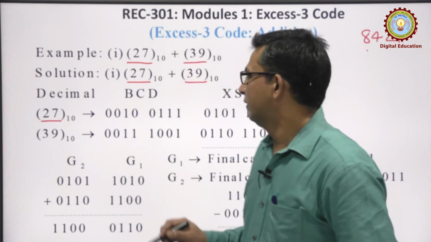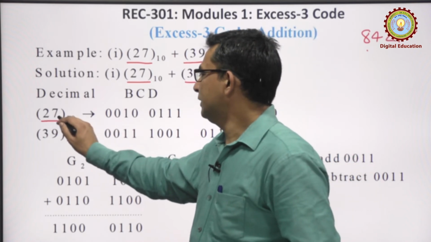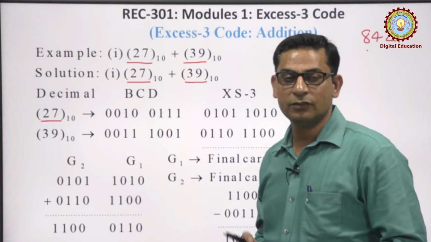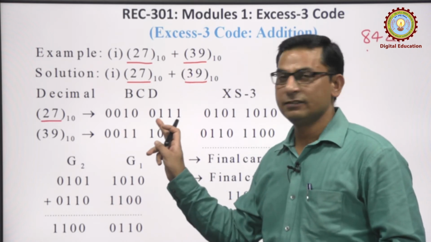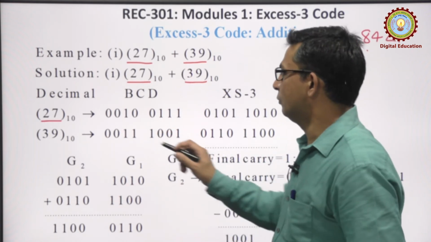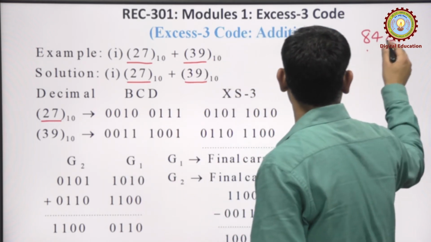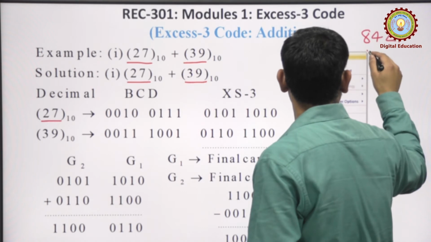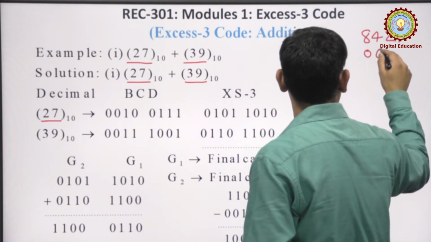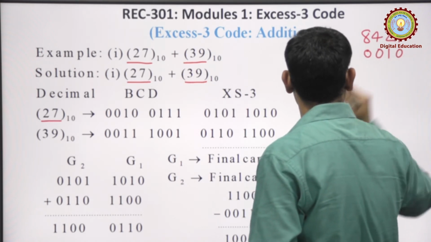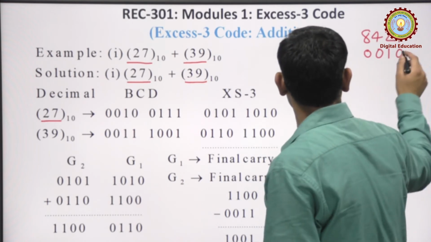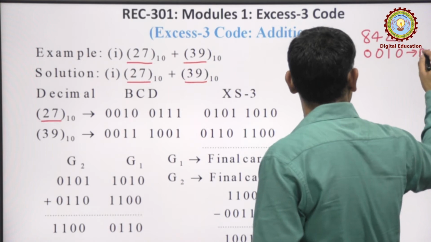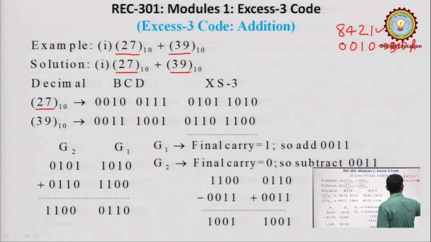So, if we want to write the BCD code for 27, we have to write the 4-bit code for 2 as well as 7. The BCD code for 2, from here we can see if we want to get 2, it should be 0, 0, 1, and 0. So, this is the BCD code for 2.